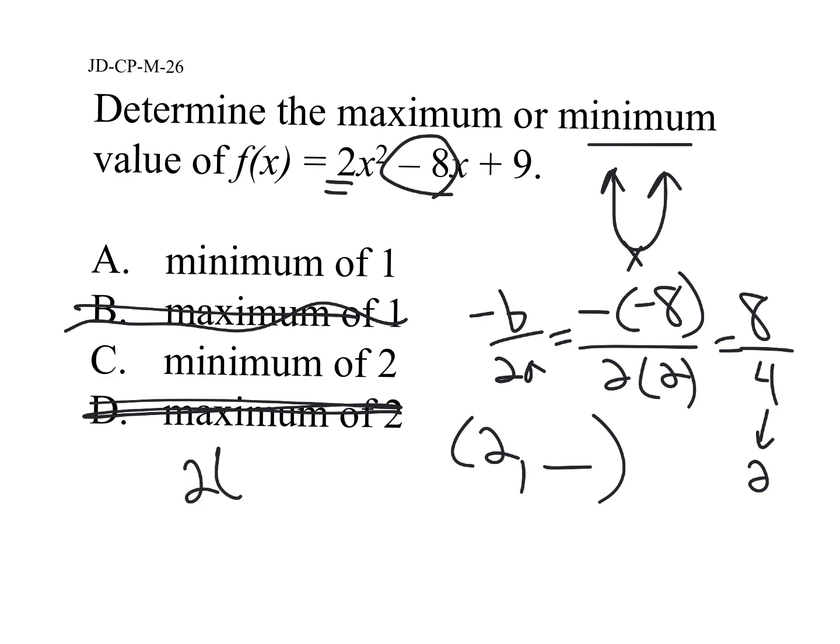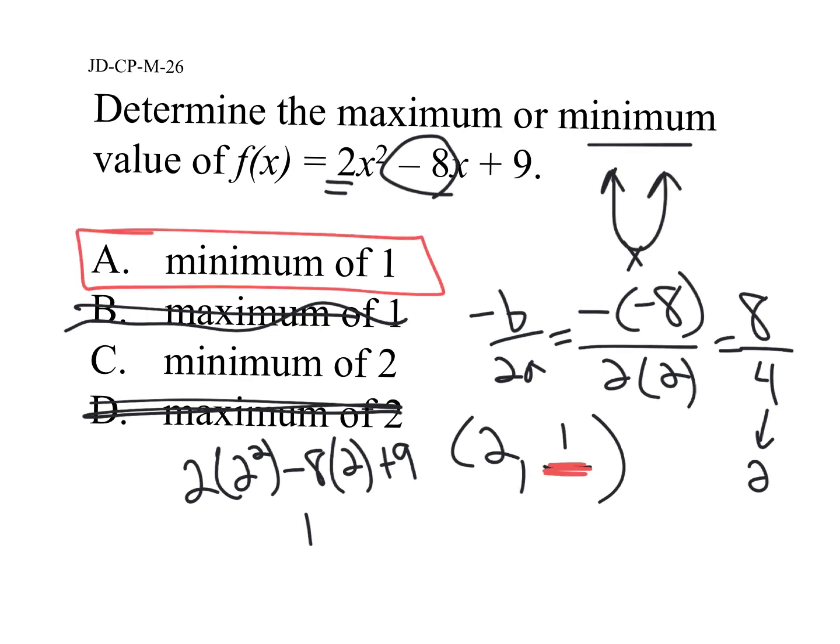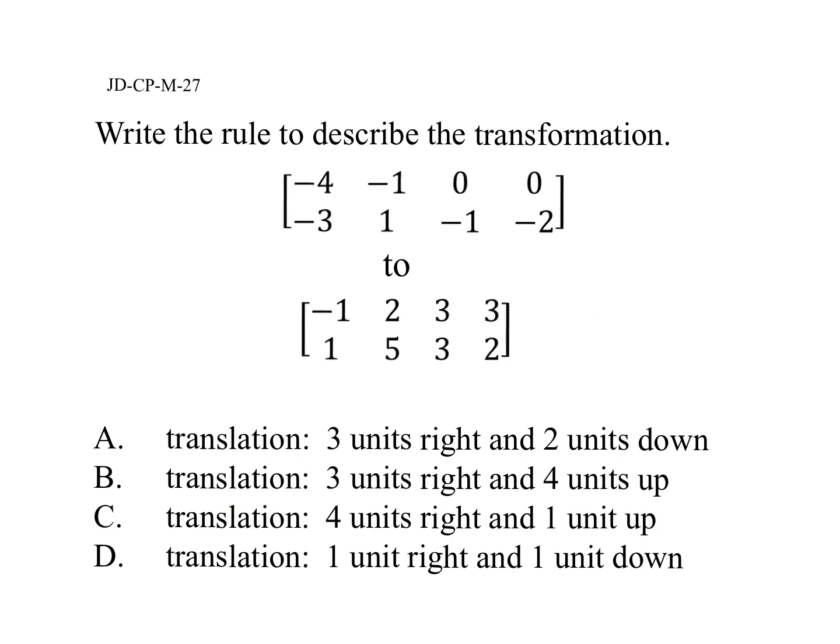And if we work this out, this will work out to 1. So the vertex is at 2, 1. And like I said, the y value is really what we want, the y value of our vertex. So that would be a minimum of 1.